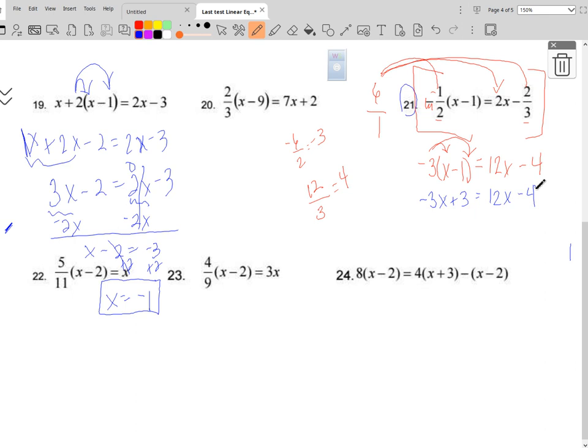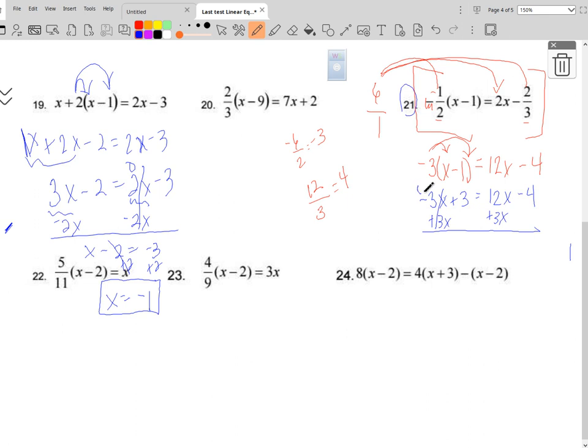Perfect. So I've got a negative 3x here, that's a variable term, positive 12x here. Which one's smaller, negative 3x or positive 12x? Negative 3. Good. And what's the opposite of negative 3? Positive 3, that's right. So we're going to add 3x here and add 3x here.